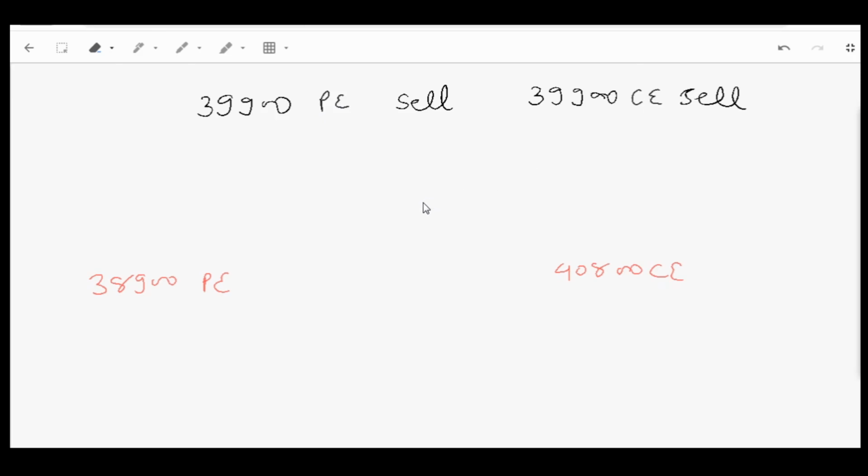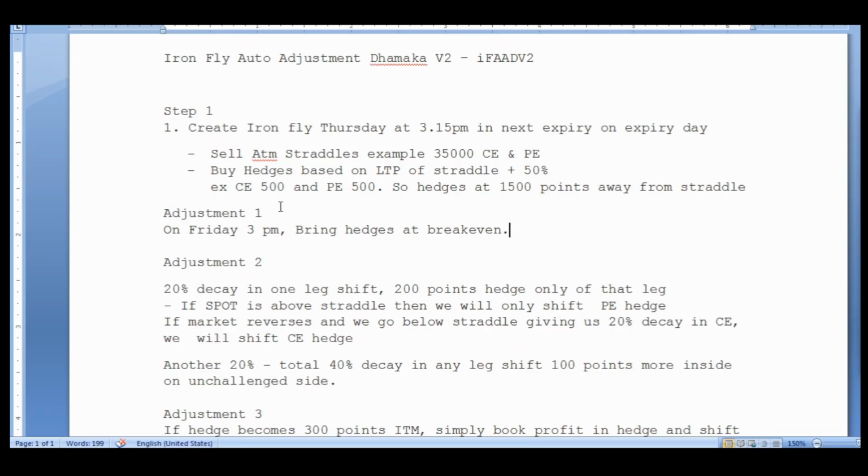Now suppose for example after the next day our hedges have come to break even. Up until that time we won't do any adjustment like this 20% decay or 30% decay, we'll let them happen.